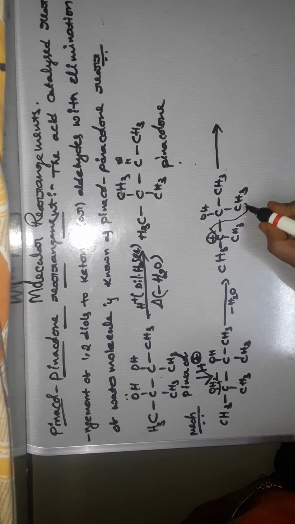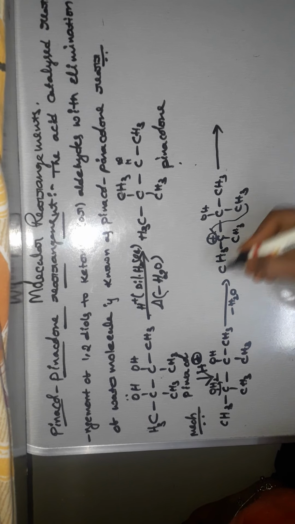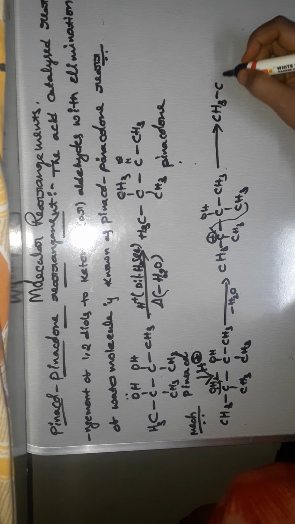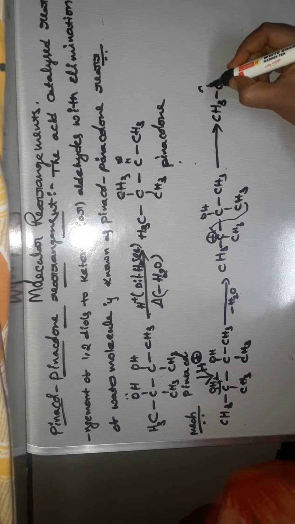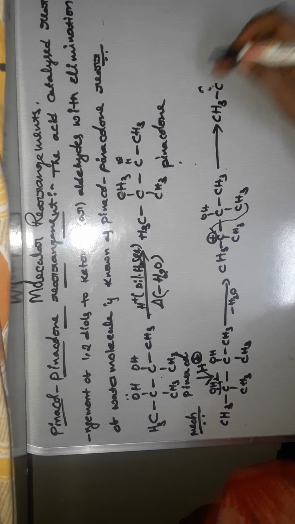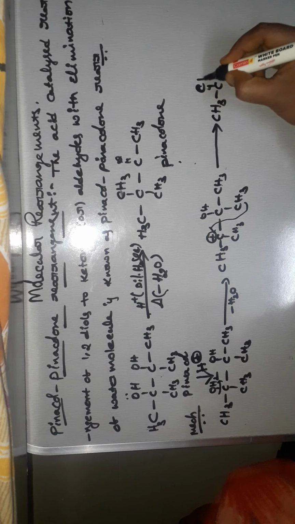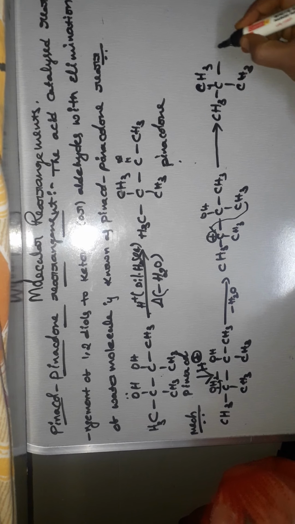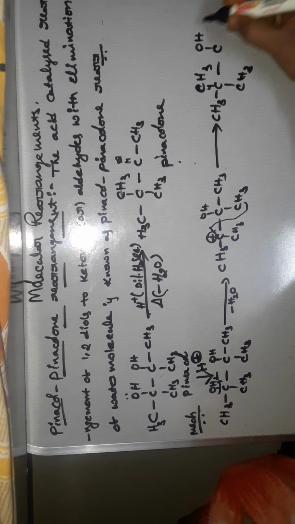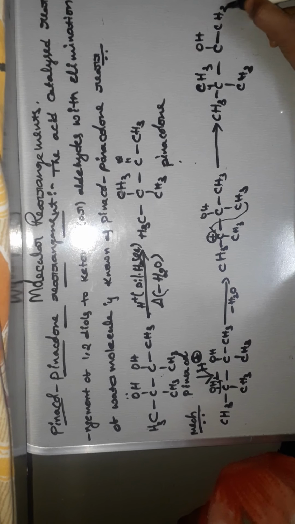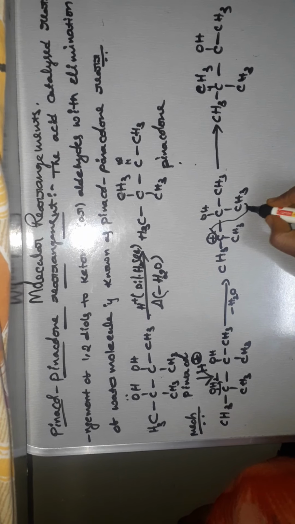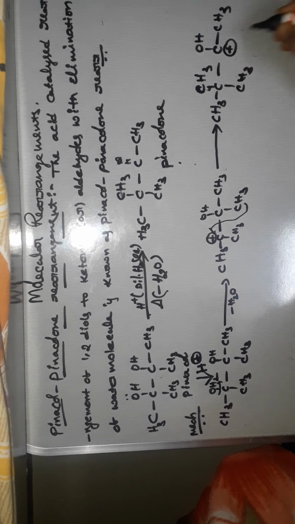This methyl group migrates with its electrons to form a compound like this. Here is a positive charge, and there is a negative charge, CH3, CH3, C(OH), CH3. Here the CH3 migrates with its electrons and here forms a plus charge.